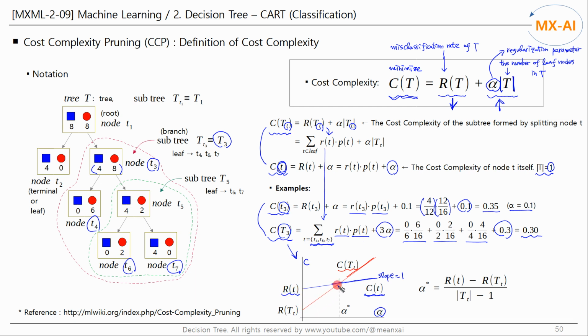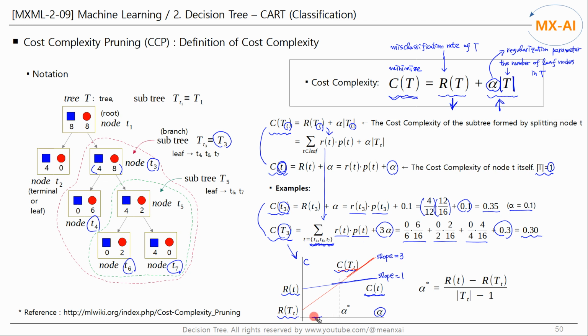Next, consider the red line. This represents the cost complexity of the subtree. In this example, the subtree has 3 leaf nodes, so its slope is 3. Its y-intercept is the total misclassification rate of the subtree, R of T. Now let's compare the two.